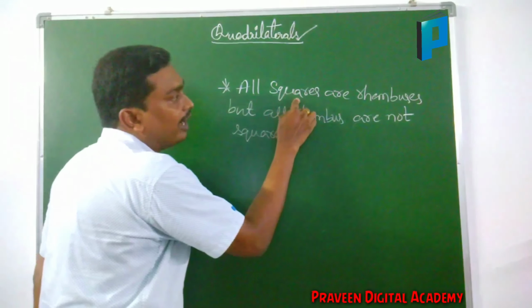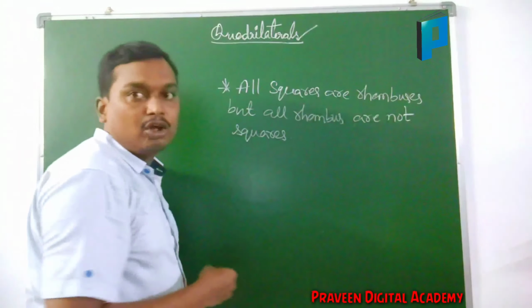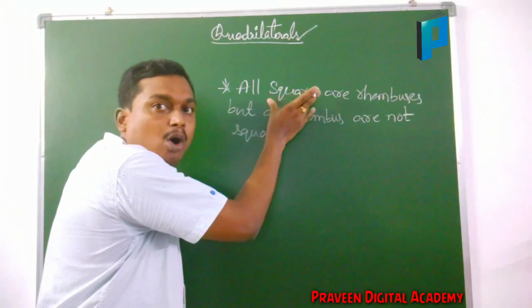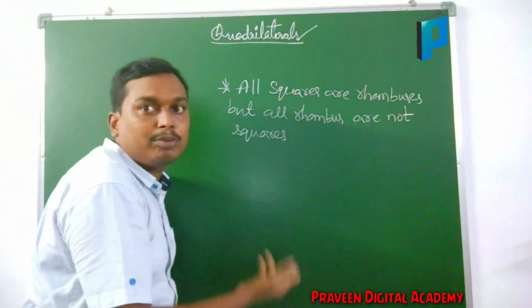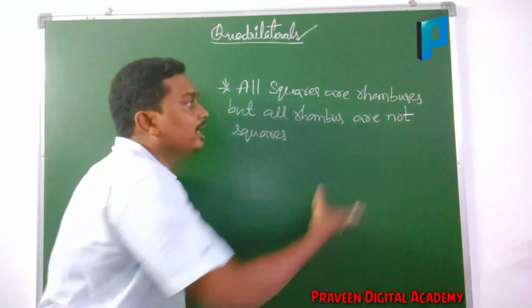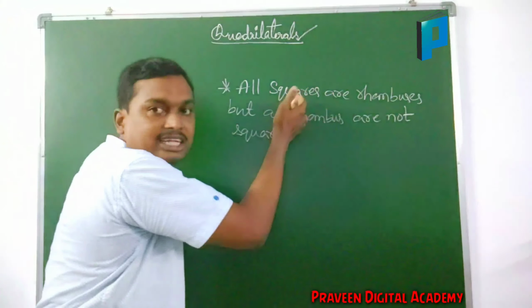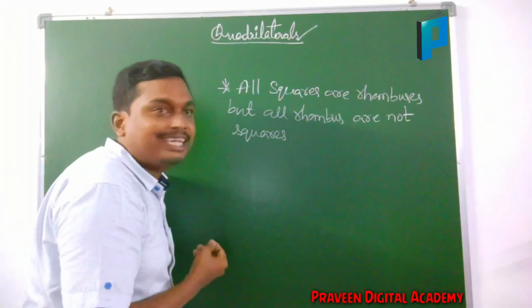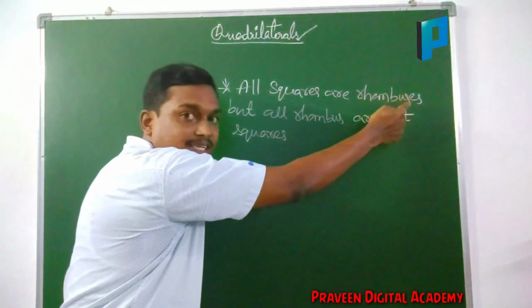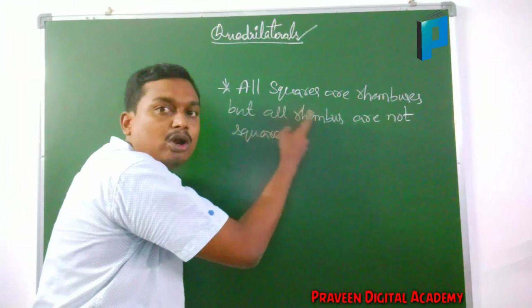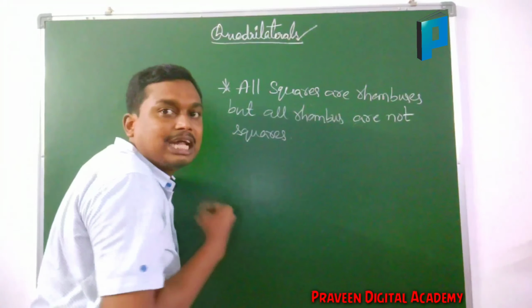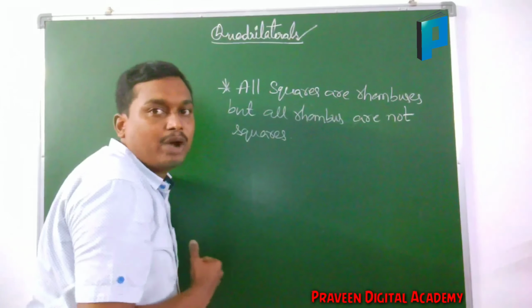Here all squares are called rhombus, because square properties satisfy the rhombus properties also, but not all rhombus properties satisfy the square properties. So we say all squares are rhombuses, all rhombuses are not squares. All rhombuses are not squares means some rhombuses may be squares.